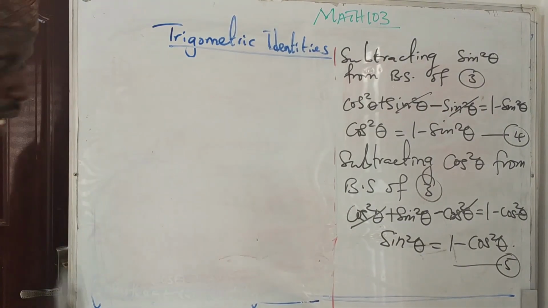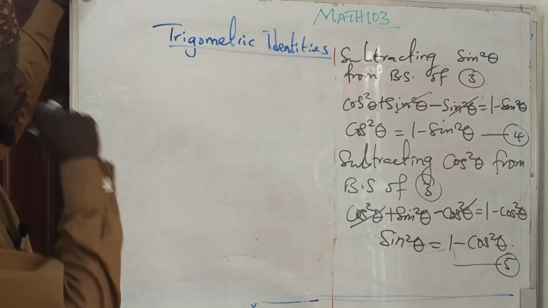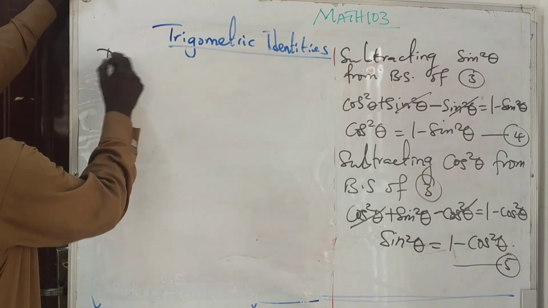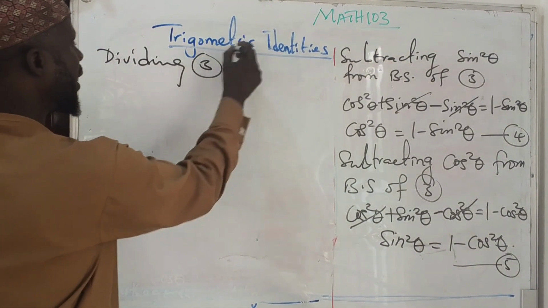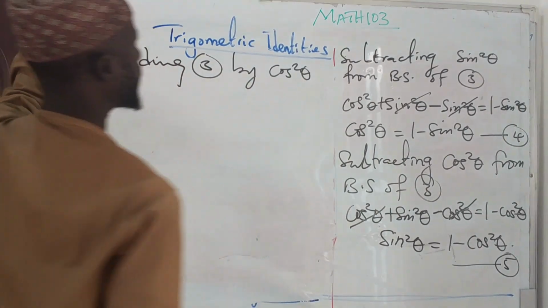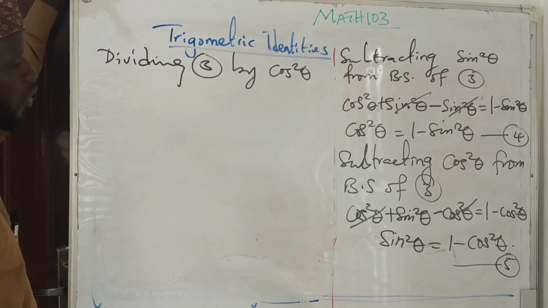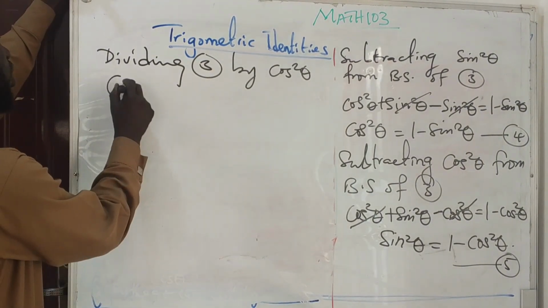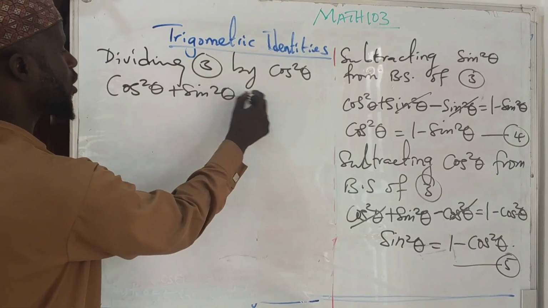Now, to obtain another identity, dividing equation number 3 through by cos squared theta. Equation number 3 is cos squared theta plus sine squared theta is equal to 1.